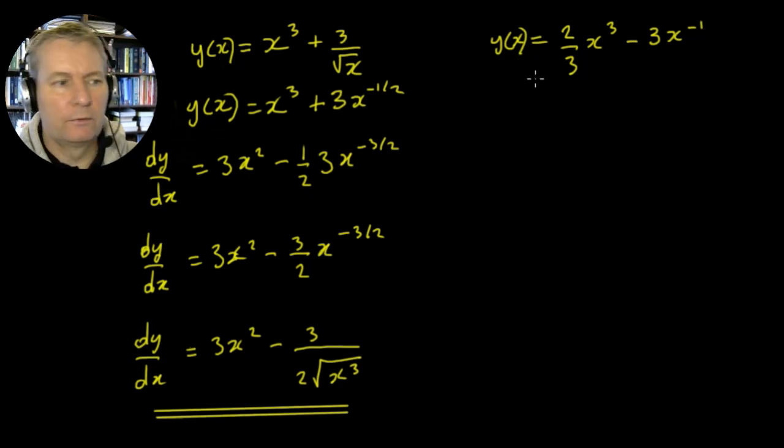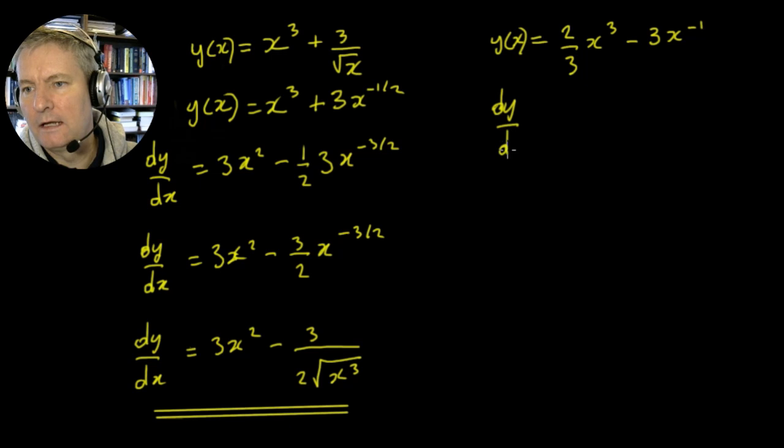So let's look at the second one here. It's already in a form that we can deal with, so we can write that as dy by dx. Again, go ahead and try these yourself before I do them and see if you can get the right answer.